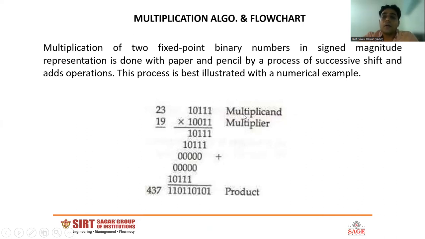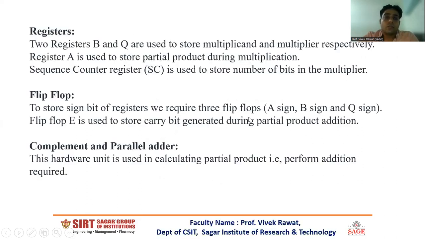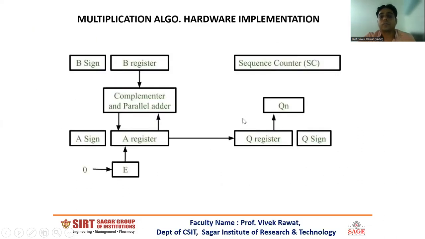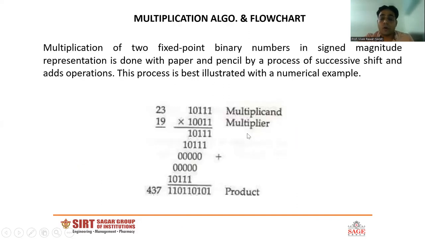23 is the multiplicand. We need to save this multiplicand either in the B register or the Q register. It is decided by the ALU or control unit. 19 is the multiplier.